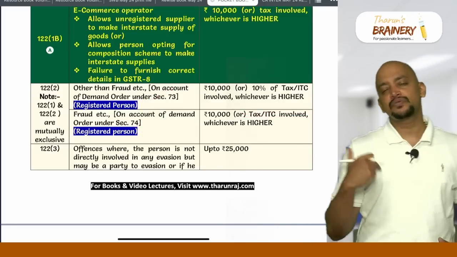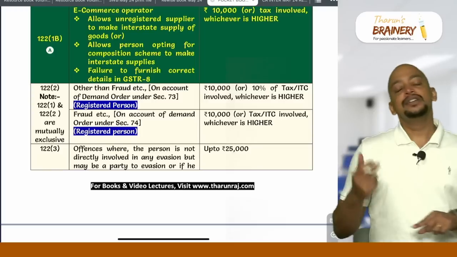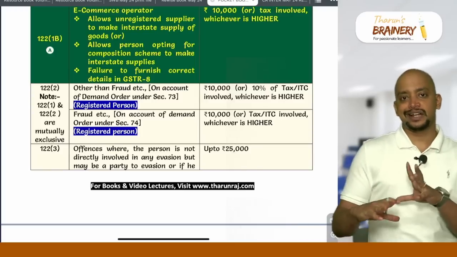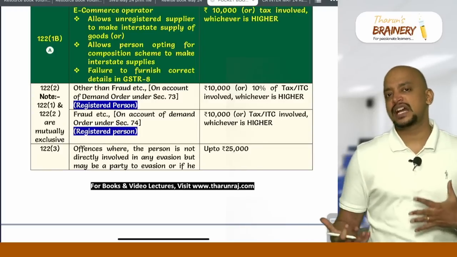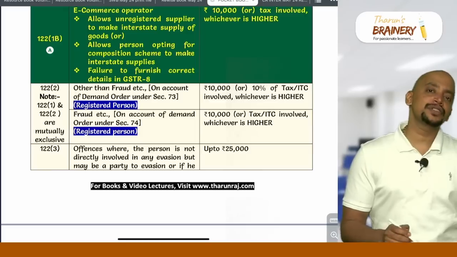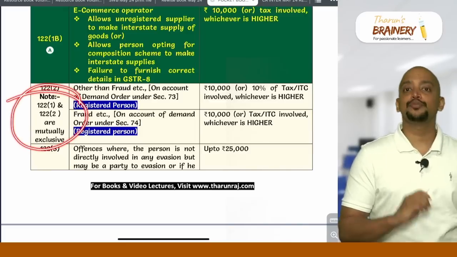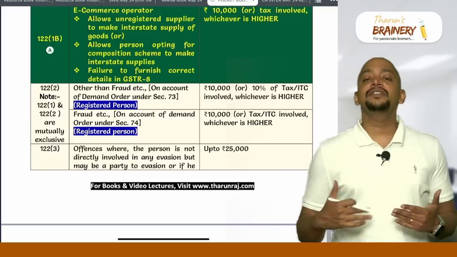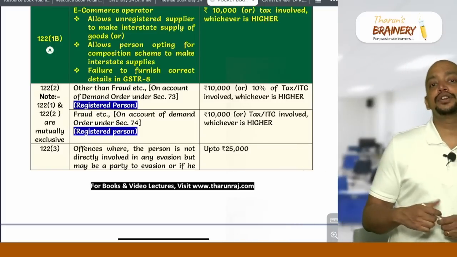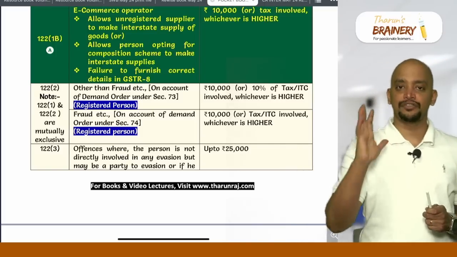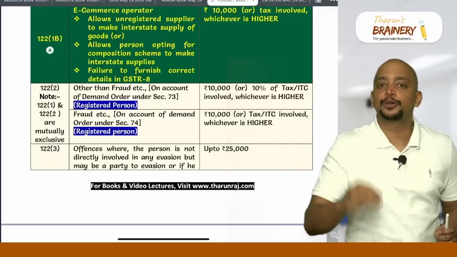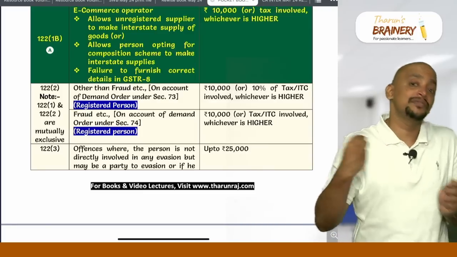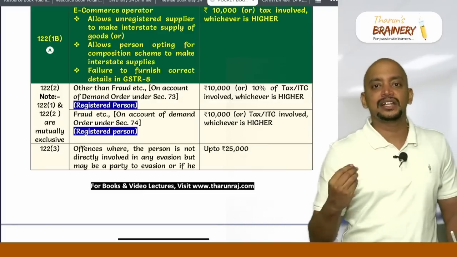And what are the reasons for which 122 subsection 2 comes? So 122 subsection 1 also gets attracted. So for that reason, one circular has been given which says that 122 subsection 1 and 122 subsection 2 are mutually exclusive. So only when there is demand and recovery under 122 subsection 2, that is 73-74. So only when a person is required to pay the tax or ITC, and along with that if penalty is levied, that is 73-74.